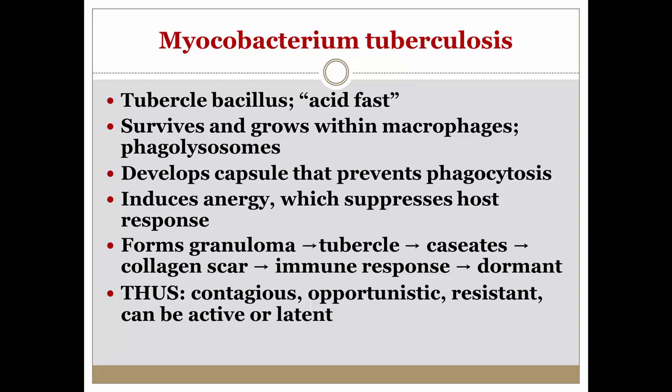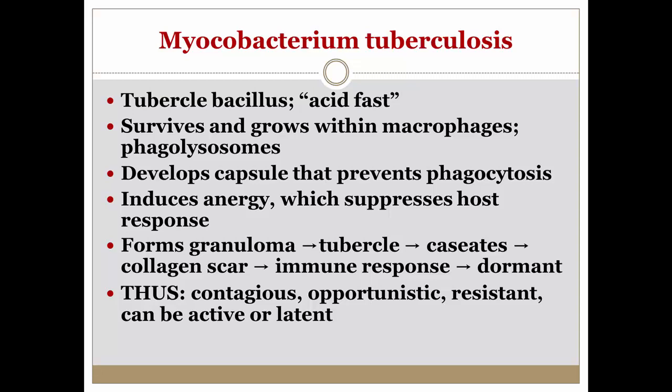Caseation is when the cells within the tubercle begin to die, but that actually isolates the bacterium. And that's a good thing, but it does lead to a collagen scar. And that collagen scar continues the immune response.